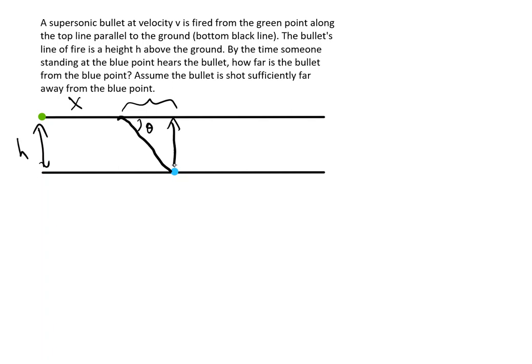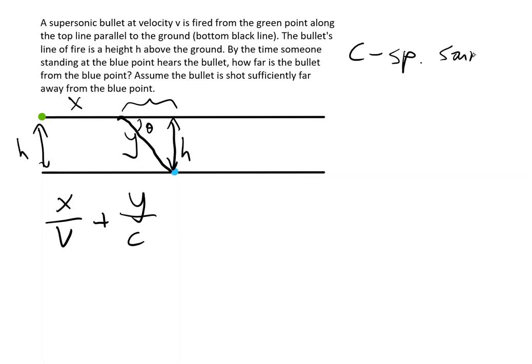We know that this is h. Let's say this is length y, and the bullet speed is v, which remember is supersonic. So that would be x over v is the time it takes to travel here, plus y over c, where c is the speed of sound.